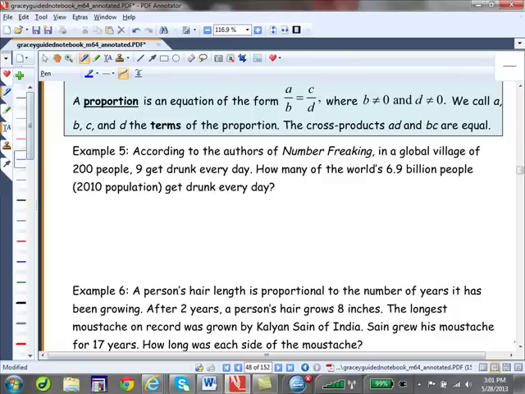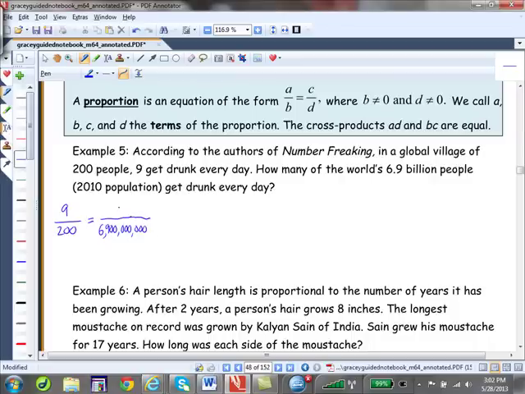So here, in this village, 9 people out of 200 people got drunk, and we can equate that to the 6.9 billion. I don't know if you want to use scientific notation or just write it out, we'll just say that's 6.9 million, so I have to add 3 more zeros.